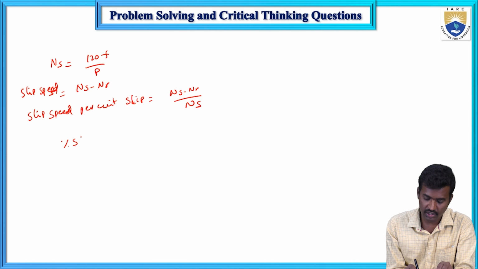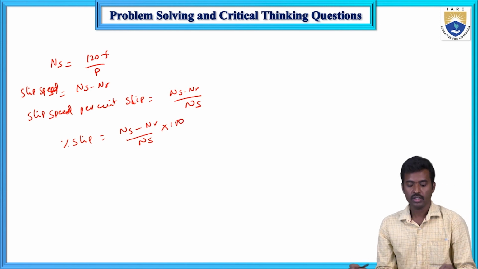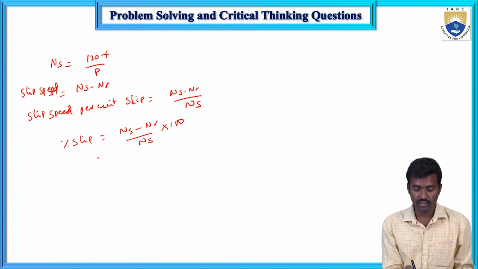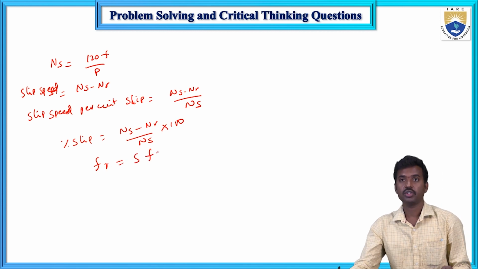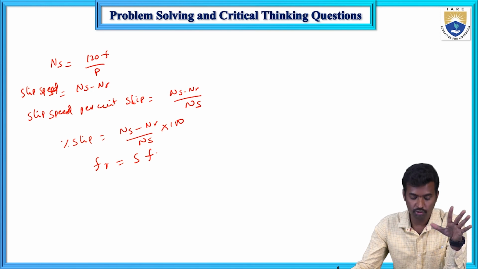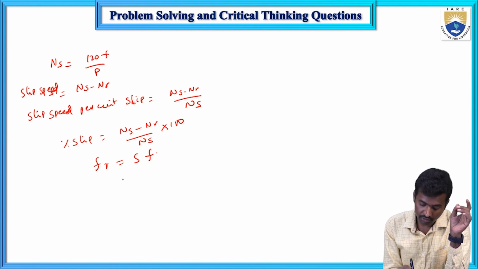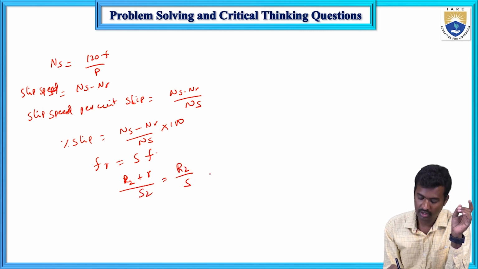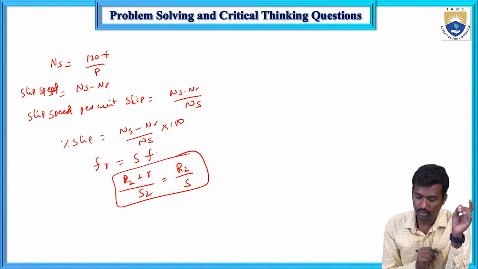Next, percentage slip equals NS minus NR divided by NS into 100. Next, rotor current frequency FR equals S into F. These are the most important formulas in the 5th module, induction motor. And after that, with resistance inserted, R2 plus R divided by S2 is equal to R2 divided by S. This formula is also important.